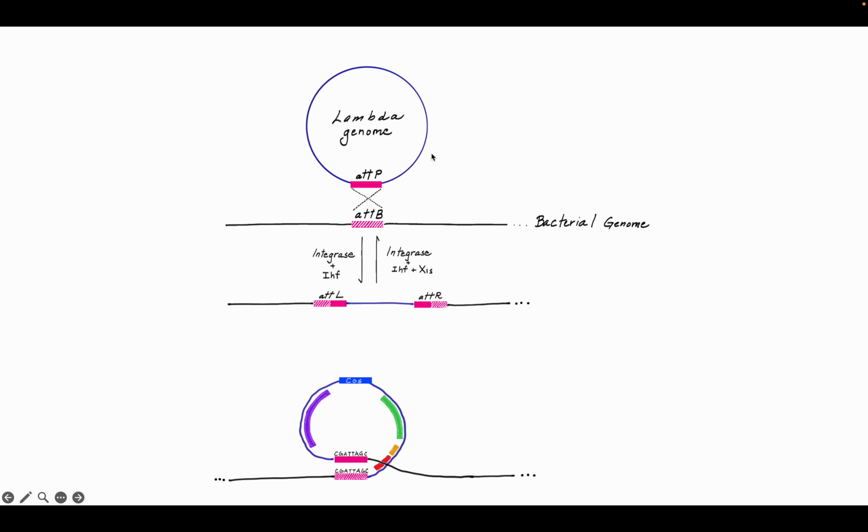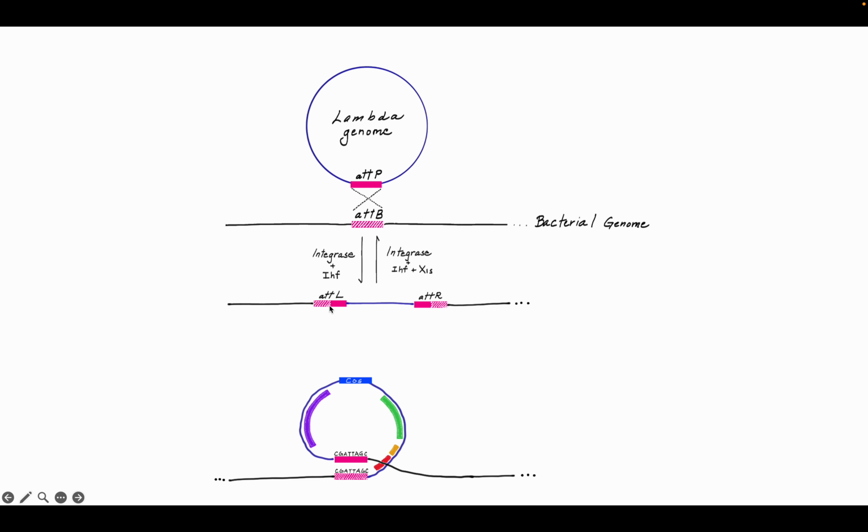We learned in the first semester that a phage genome has an attachment site at P that allows integration into a site in the bacterial genome at the at B site. These two sequences are identical or nearly identical, and the phage integrase will make a cut in the at P and a cut in the at B, and the phage genome goes in, becomes a prophage.